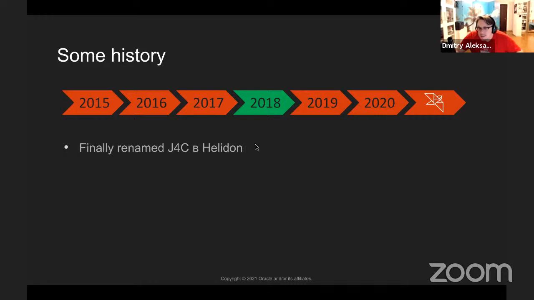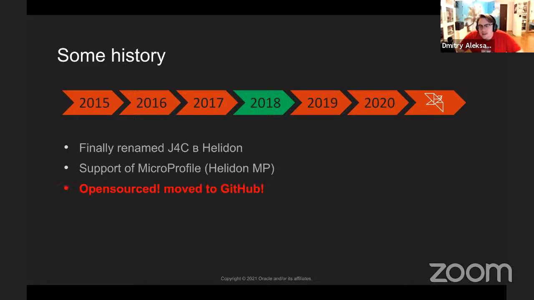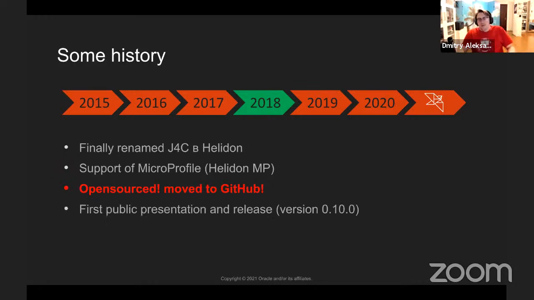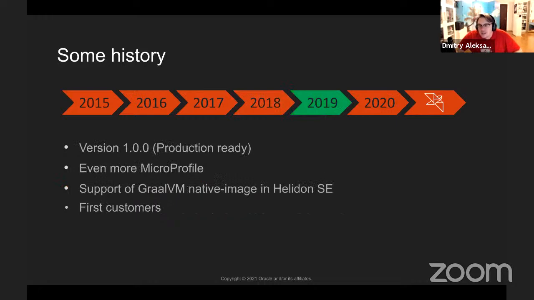So the correct name was finally chosen, and we started supporting MicroProfile. And what's the best part? Totally open sourced and moved to GitHub. Here actually happened the first presentation of the release.